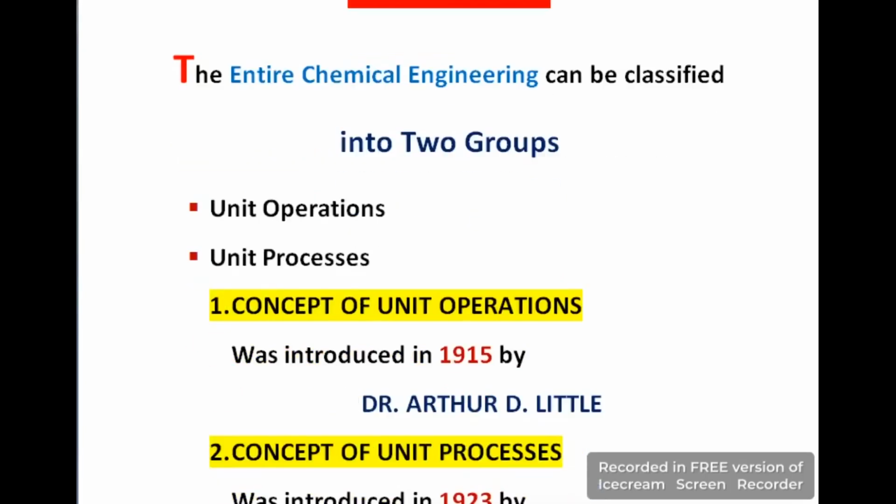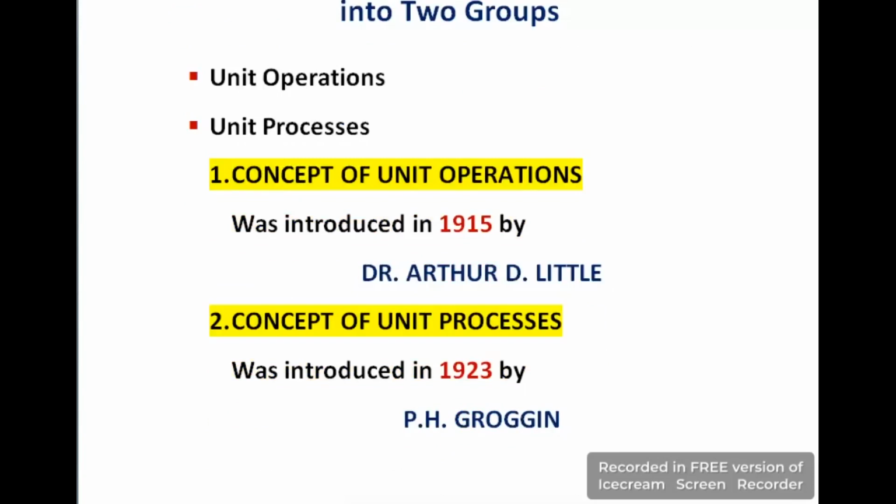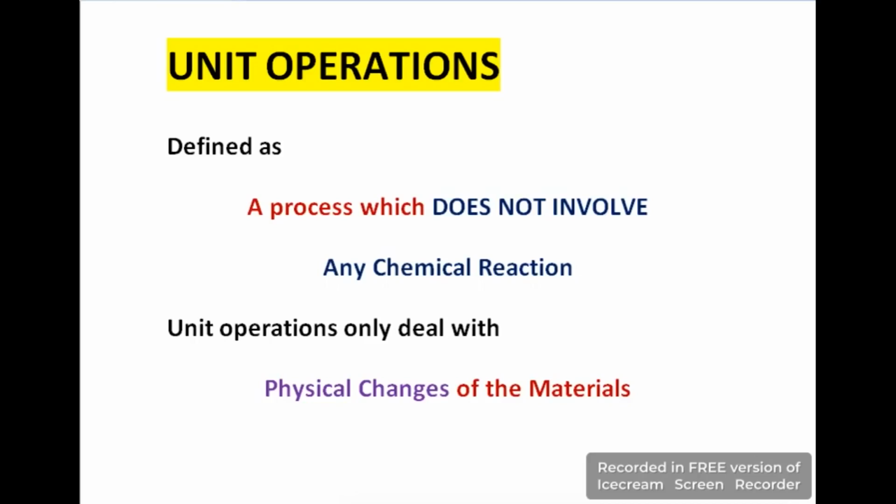The concept of unit operation was introduced by Dr. Arthur D. Little in 1915 and the concept of unit process was introduced by P.H. Grogan in 1923. According to the definition, unit operations do not involve any chemical reactions.